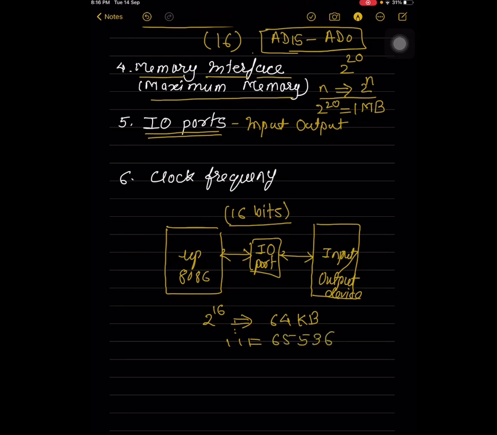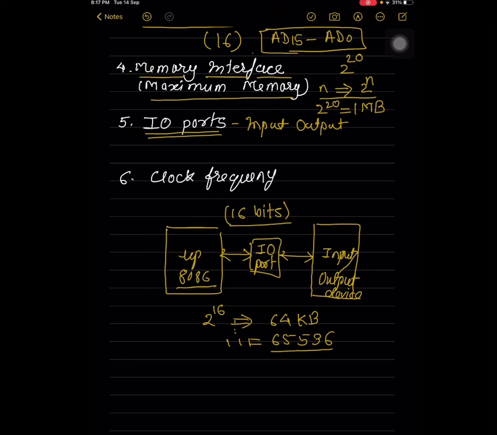It means that the maximum IO port addresses that can be generated are 65,536. So these many input output devices can be connected with the 8086 microprocessor at a time.